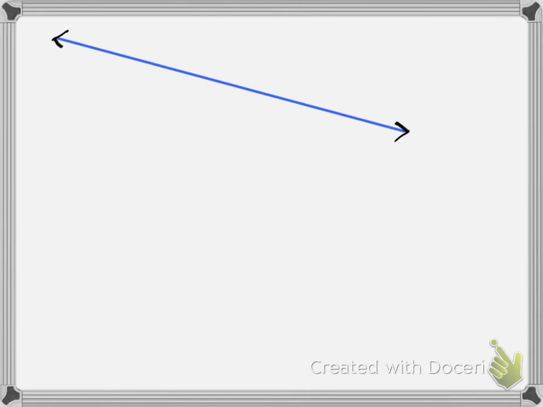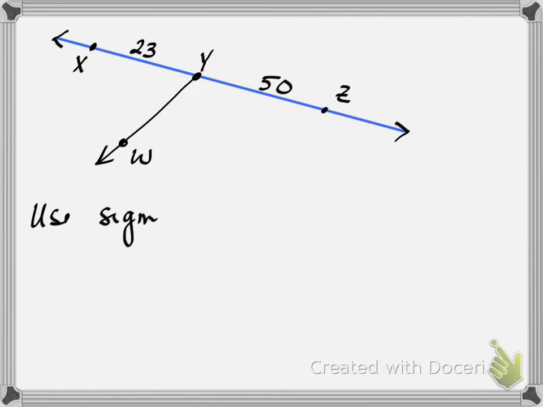Let's do another one. This time we're going to take this line and we're going to have a ray coming off the line like this. This is X, this point is Y, and Z, and W. This length we're going to be told is 23. This length is 50. And it says use segment addition to find XZ.